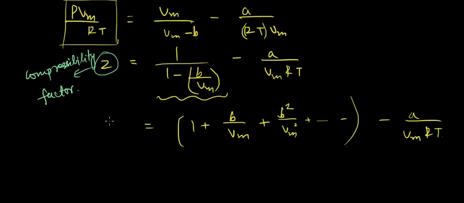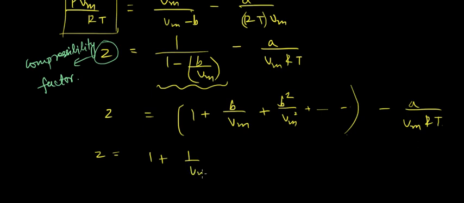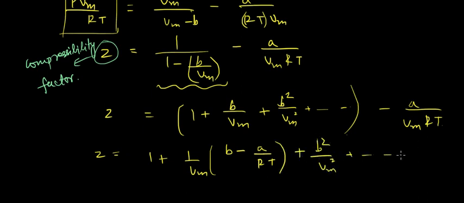So we can write 1 plus (1 upon Vm) times (b minus a upon RT) plus b square upon Vm square and so on would be Z, or compressibility factor.